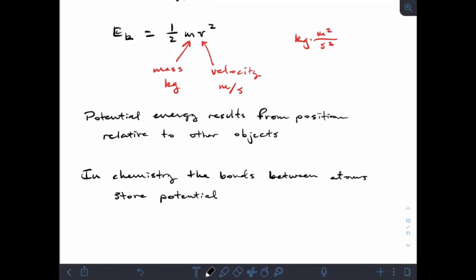And store is not really the right word, but it's easy to relate to. But they have inherent potential energy in the form of electrostatic energy.